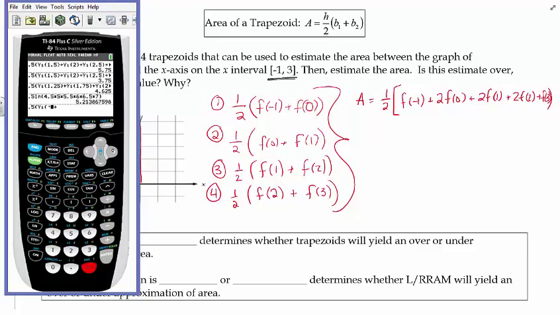Plus 2 times vars y vars function y1 of 2 plus 2 times vars y vars function y of 0, because I forgot the 0 and the 1, vars y vars function y1 of 1.